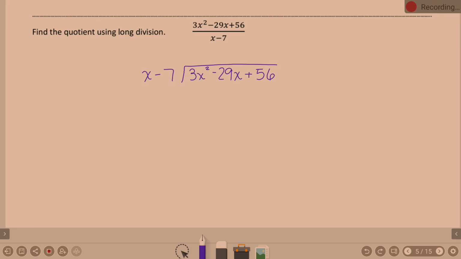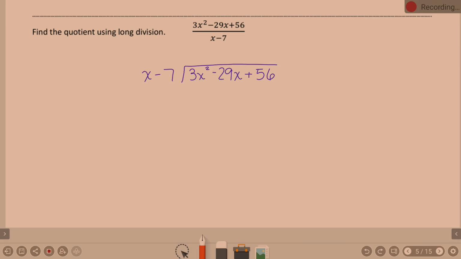X minus 7. Now, I mentioned it last time. I'm going to mention it again because it becomes important on the next one. Always make sure all places are represented. So if your highest power is x squared, what comes after an x squared? X to the first, and then x to the 0. Always make sure all place values are represented. If not, we'll have to do something. Okay, you ready?